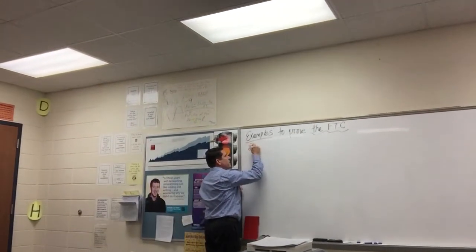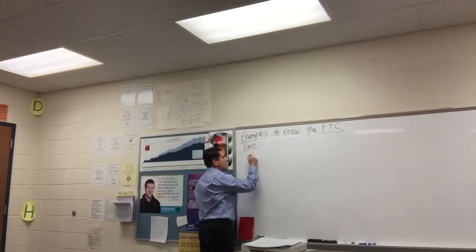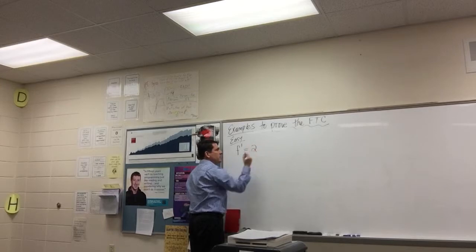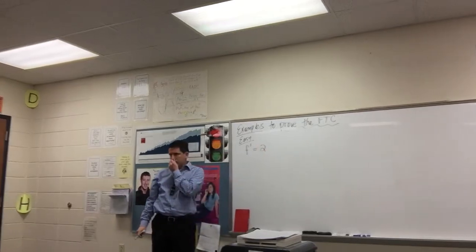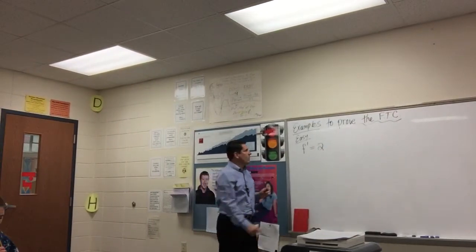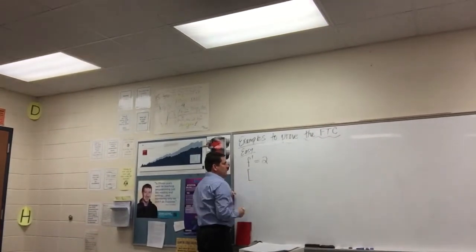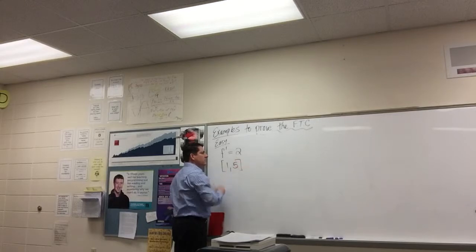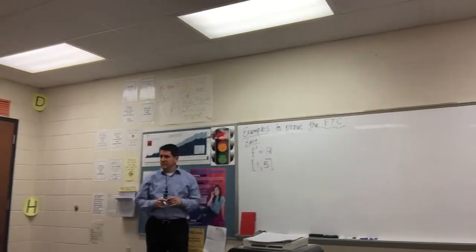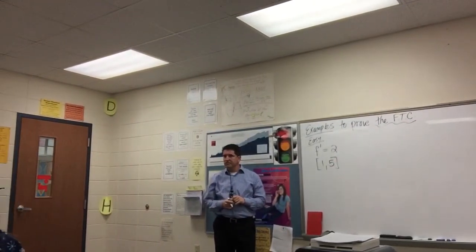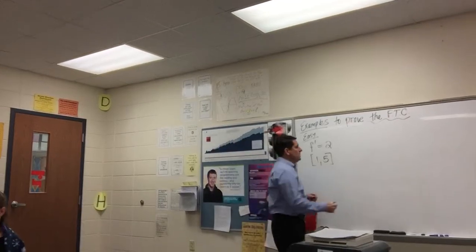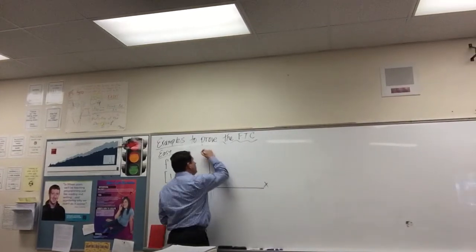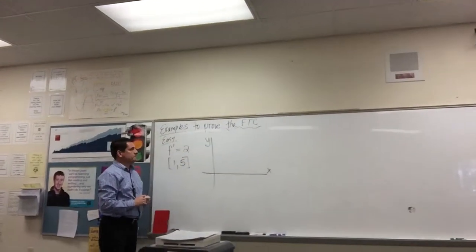So we're going to start with an easy one. Let f prime equal, I don't know, let's let it equal 2. And I'm going to let my interval be from, I don't know, 1 to 5. So let's sketch this, and we're going to see if this whole thing works.